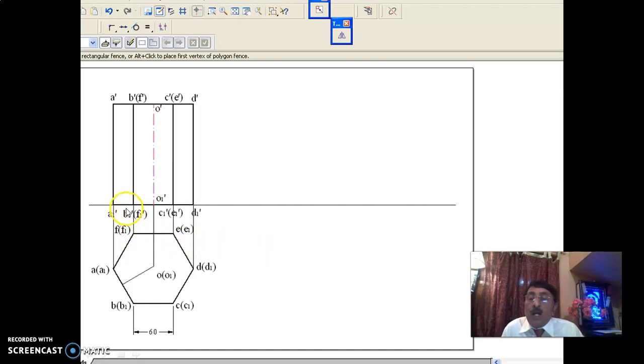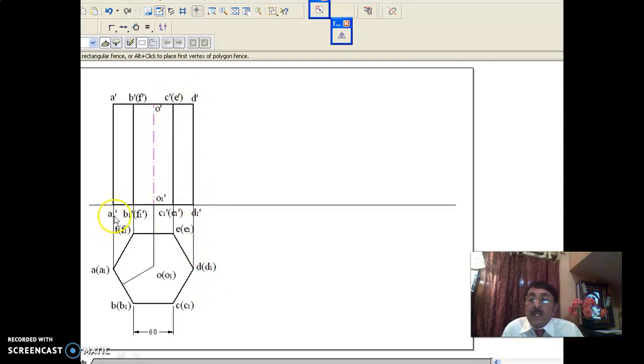Now, I am drawing the corresponding front view here. This is a dash, A1 dash. This is the top surface, this is the bottom surface, and as for visibility, A dash, B is seen, F is not seen, B dash bracket F dash, C is seen, E is not seen, C dash bracket E dash, and this is D dash.